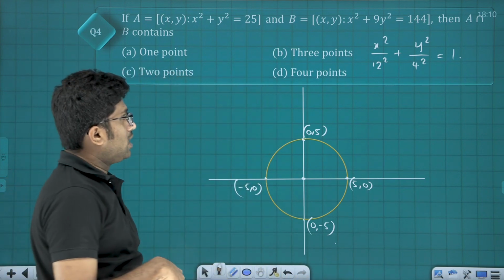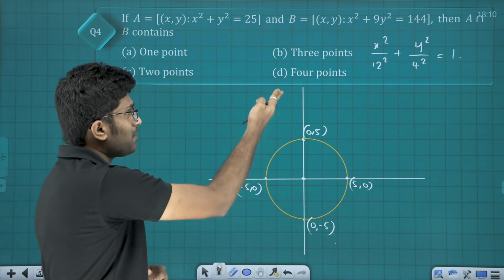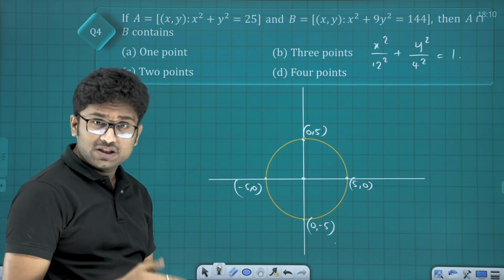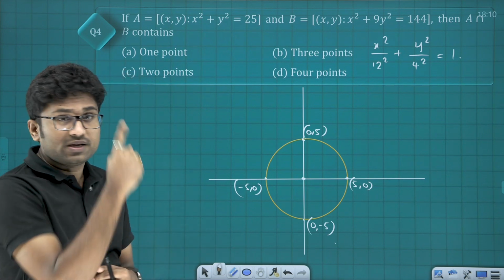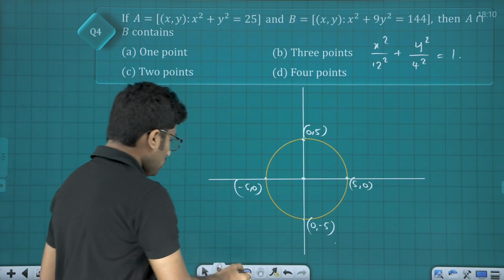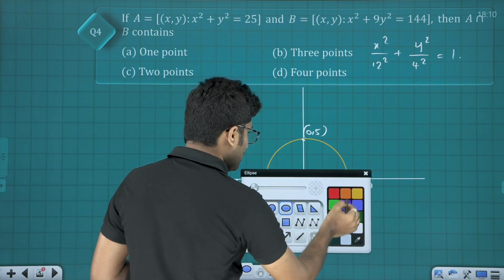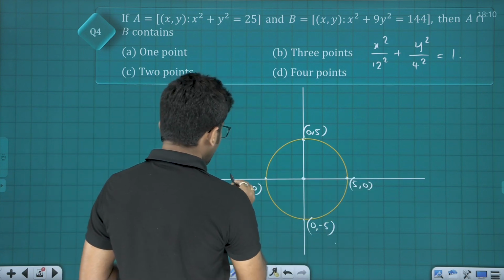Clear? Now let's see this. This clearly represents an ellipse, a horizontal ellipse, since a is greater than b. a is 12, b is 4. So the horizontal ellipse will be like this.